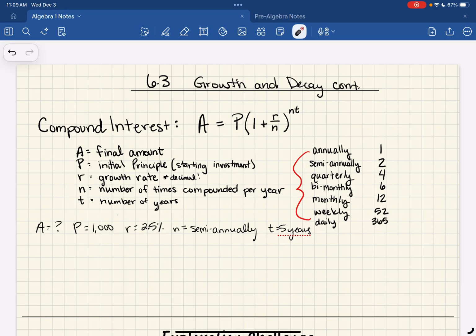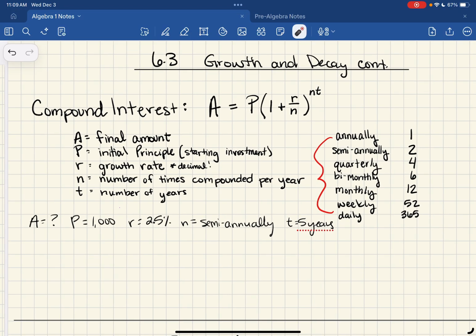There are some other ones. You will not see them very often. Bi-weekly would be every other week, so 52 divided by 2, 26. I can't think of any other ones off the top of my head right now, but that's what we're dealing with. So let's just jump right in.